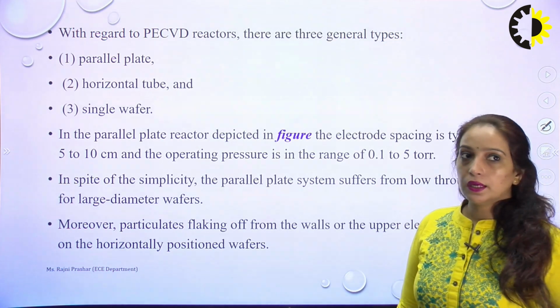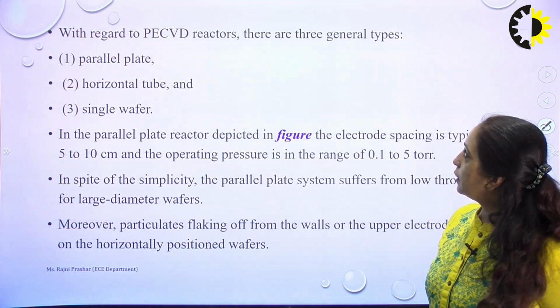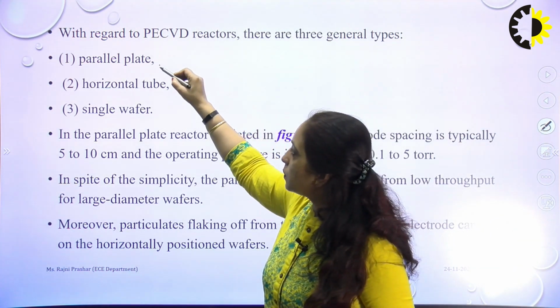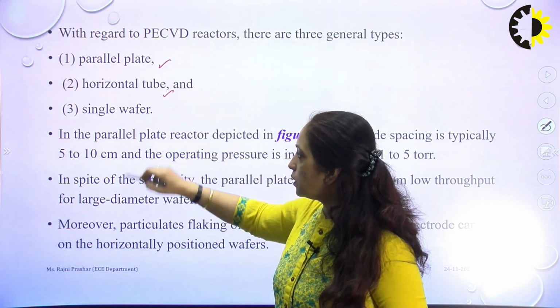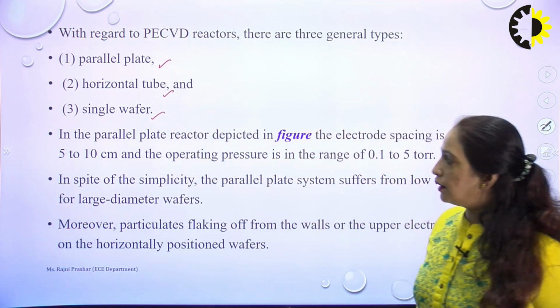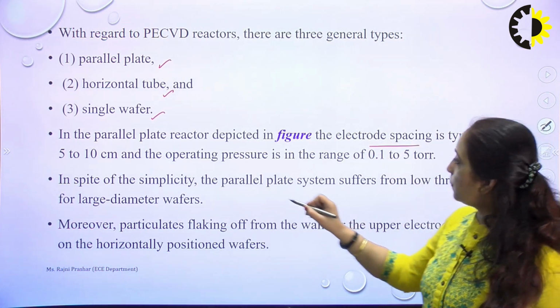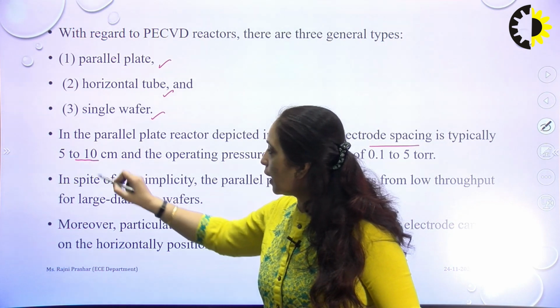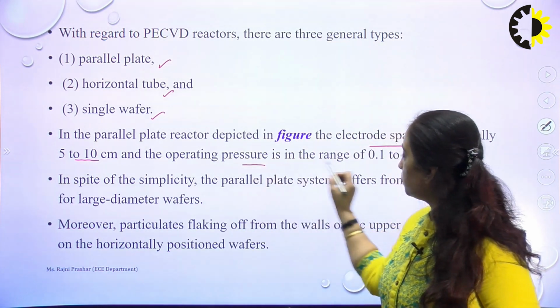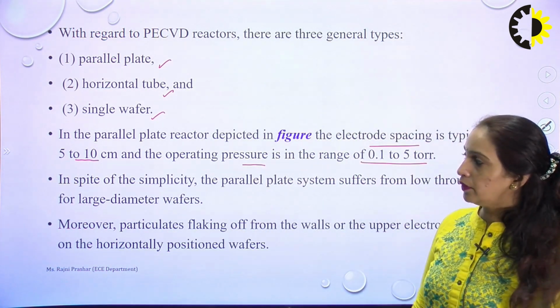With regard to PECVD reactors, there are generally three types. The first is the parallel plate, then we have the horizontal tube, and we have the single wafer. In the parallel plate reactor, the electrode spacing is typically 5 to 10 centimeters, and the operating pressure range is 0.1 to 5 torr.